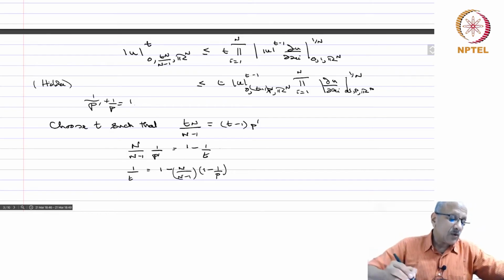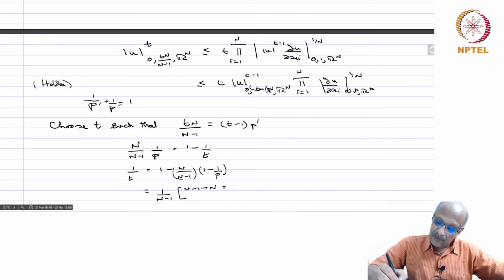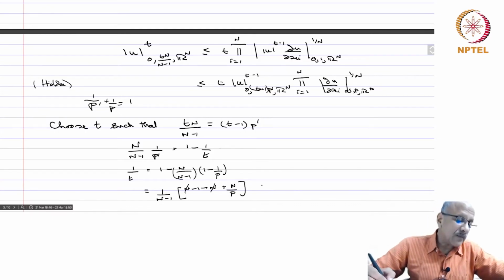That is equal to, I am going to bring out the 1 by n minus 1 outside. Then I will have inside n minus 1 minus n plus n by p. So the n will get cancelled. You get n by p minus 1.